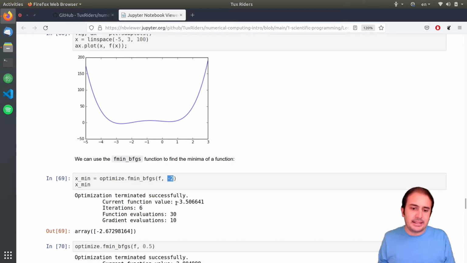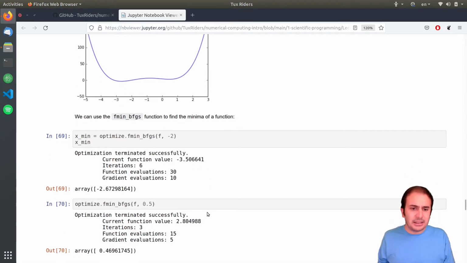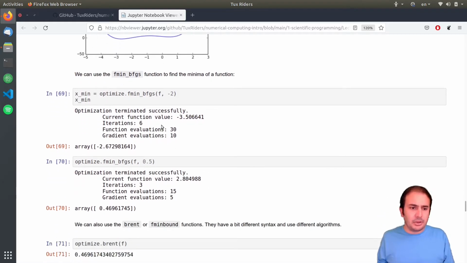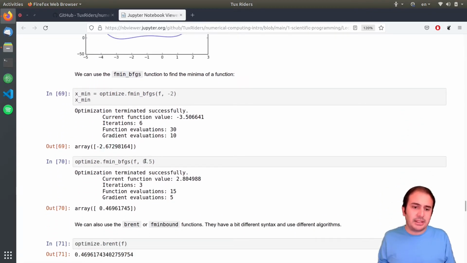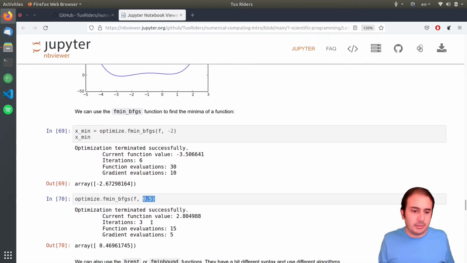You can see that you end up with this local minima here. Sorry, that was the function value. So this is actually the local minima. It's somewhere here, and you start with 0.5 somewhere here, and then you end up here.